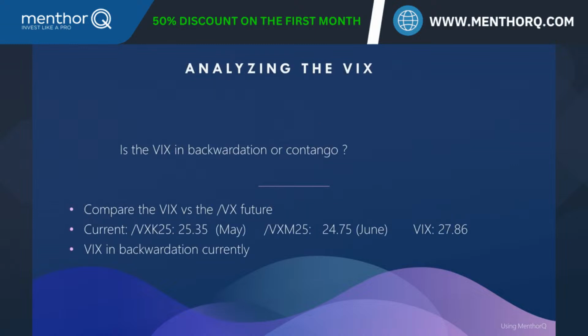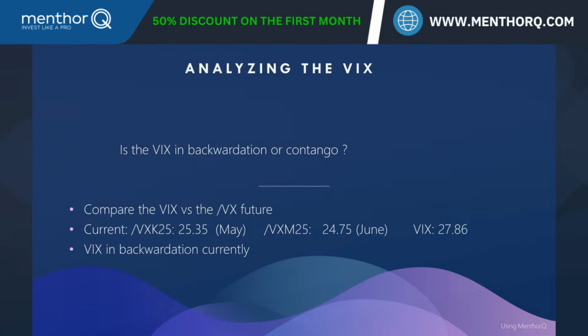Okay. So one thing that's important is to know, is the VIX in backwardation or contango? So what does that mean? The current market is in backwardation. For example, the May VIX is at 25. The June VIX is 24.75.